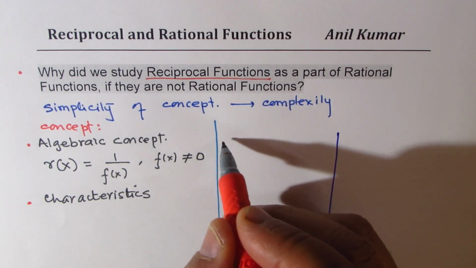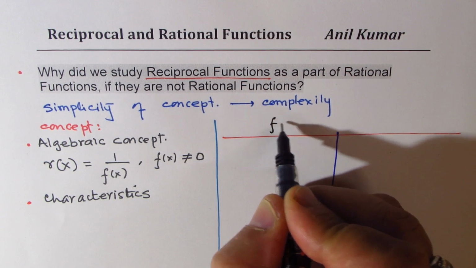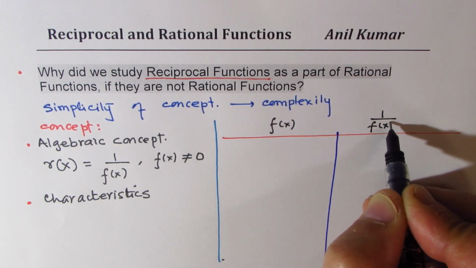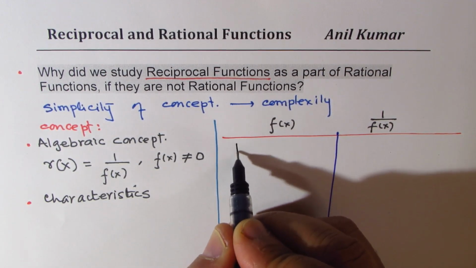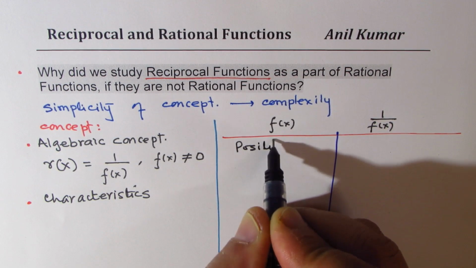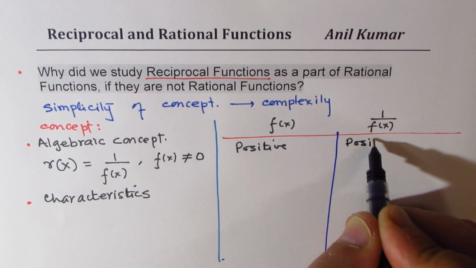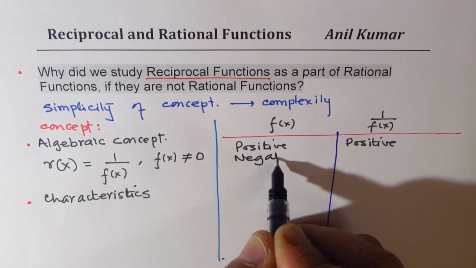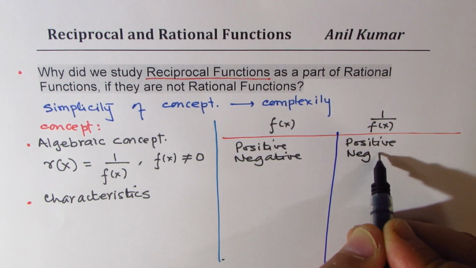Let's think about characteristics like, for example, if we have a function f of x and we have 1 over f of x, in that case, if f of x is positive, then 1 over f of x is also positive. If f of x is negative, 1 over f of x is also negative.